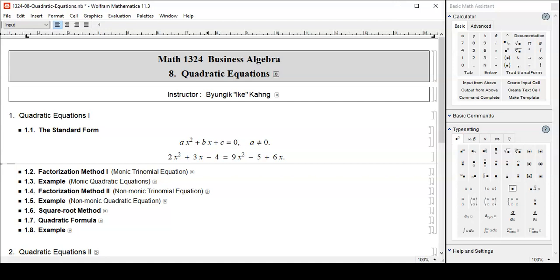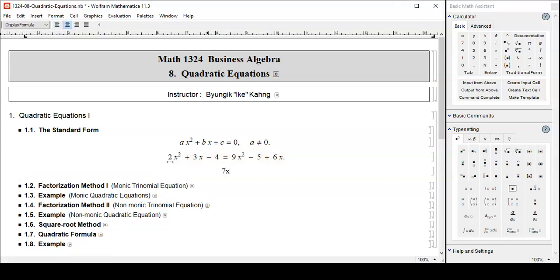If the right-hand side is not 0, then flip everything to the left-hand side and make the right-hand side equal to 0. In this case, however, it looks like it's going to be a little bit more convenient to move everything to the right-hand side and make the left-hand side equal to 0, because this one, 9, is greater than 2. So let's go ahead and flip everything to the right. Subtract, and then you get 7x squared.